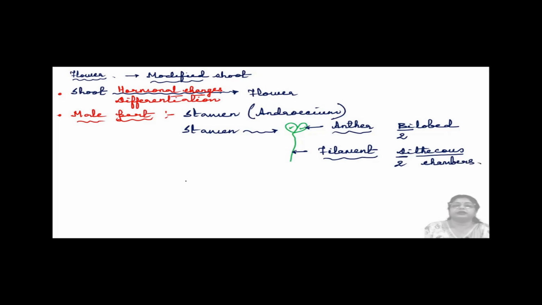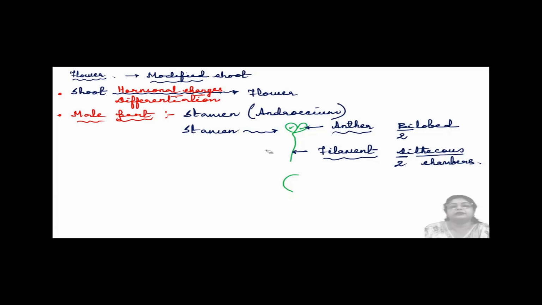Now I shall clear up this dithecous part, so again I will go to this figure. Here you can see in this picture there are two lobes. If I cut it transversely, what will happen? It will come in this way. I will give a very easy conceptual diagram so you can understand properly.